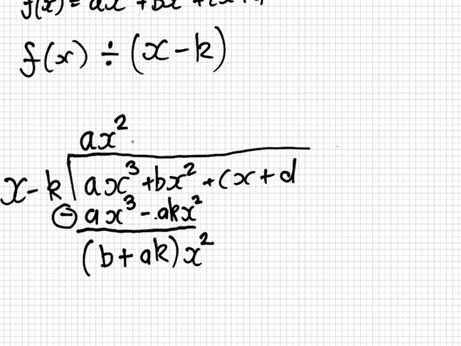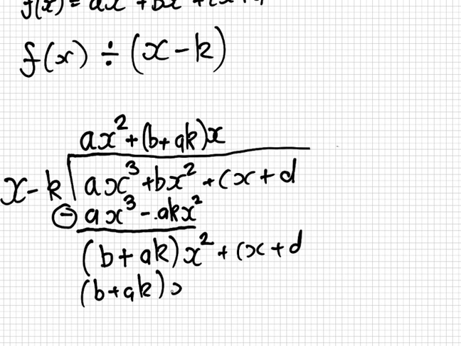Right. What do I need next? b plus ak, x, isn't it? Yeah. So when I multiply (b plus ak)x by x, what do I get? Oh yeah, I should carry those down. I get (b plus ak)x squared minus bkx plus ak squared x.